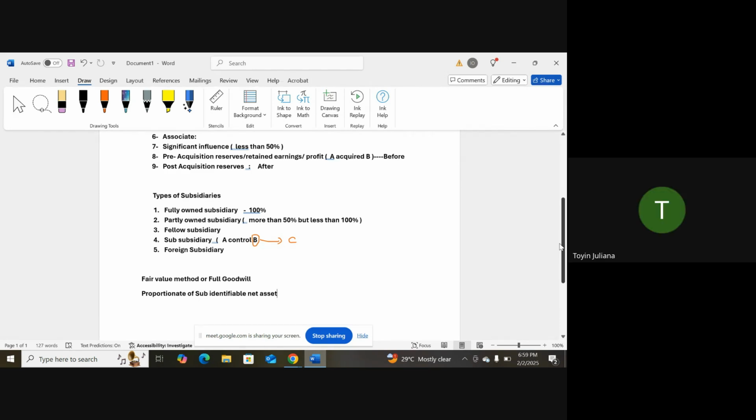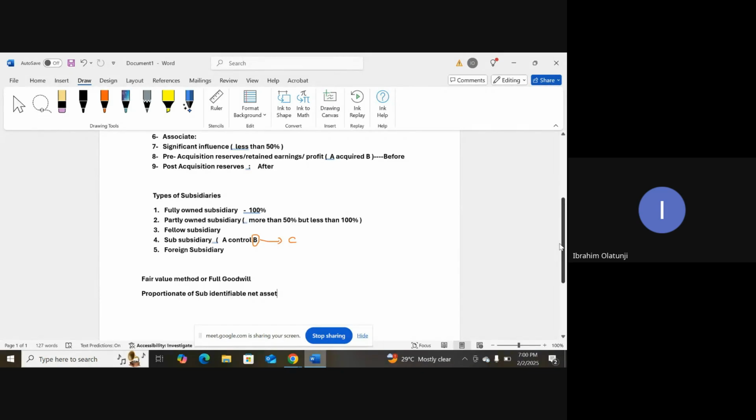Yes, sir. Number one condition is that the market price per share of that subsidiary on acquisition date is given to you. Let's assume in that question they mention the market price per share of the subsidiary.